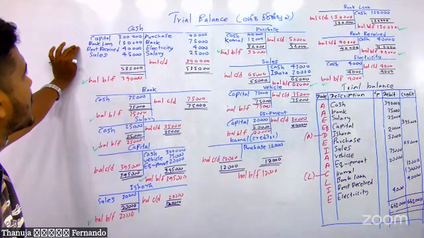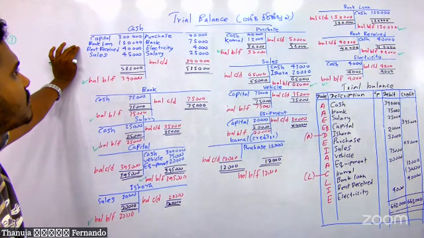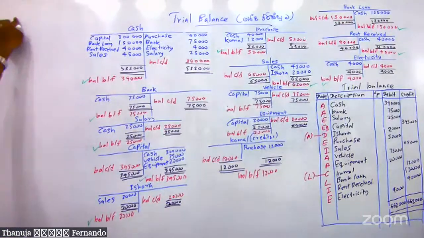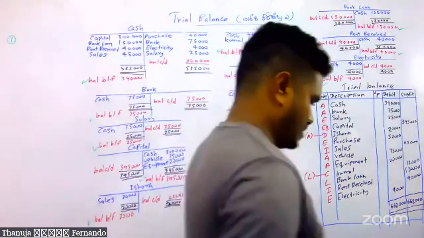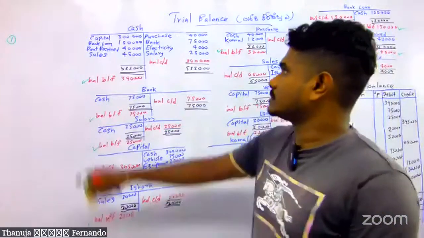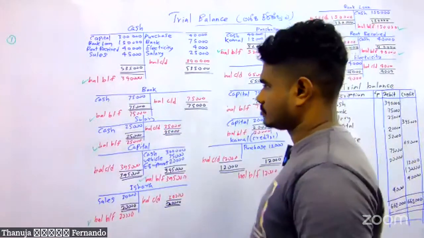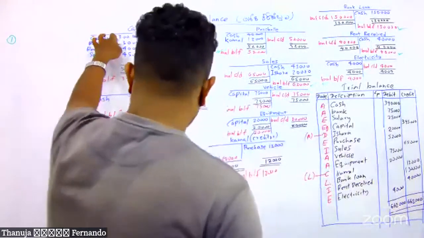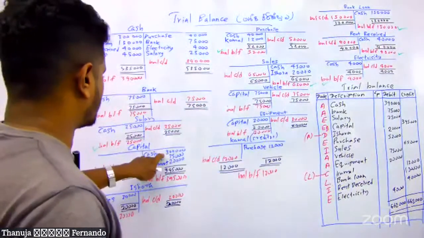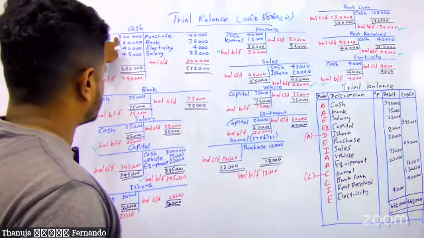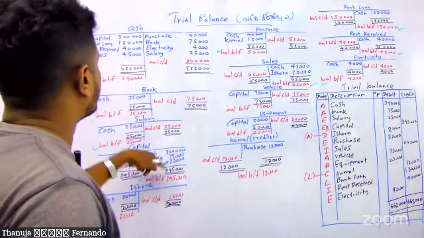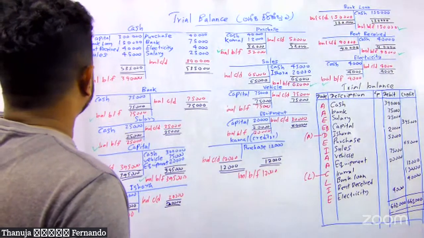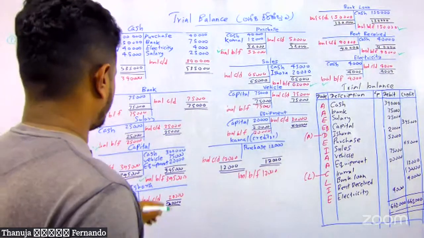We have invested 300,000 as capital. It means cash account debit, capital account credit. When money is put in, cash account debit, capital account credit. I'm telling you like this: these transactions are completely omitted.